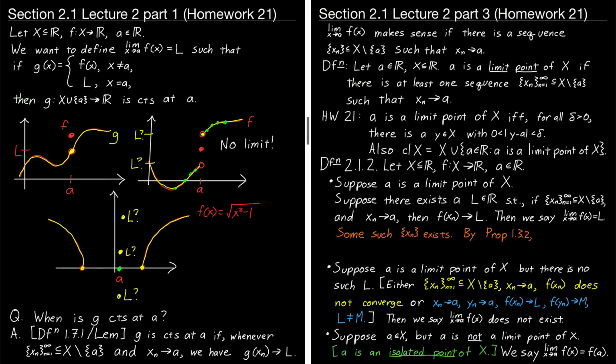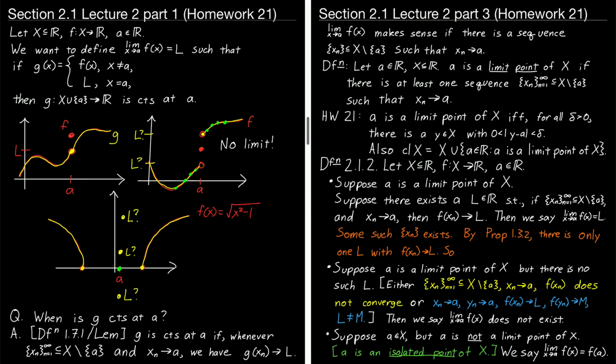There is at most one L with f of xn converging to L. So there is at most one possible thing that can be a limit.